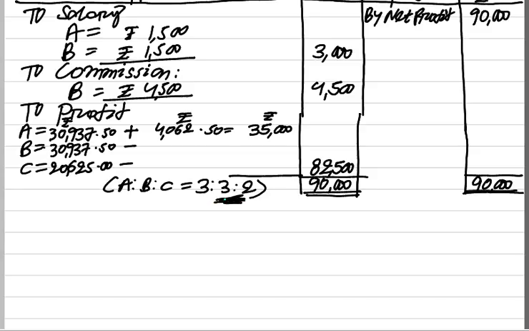So 2,437.50 from B and 1,625 from C, which gives 35,000 for A, 28,500 for B, and for C this is 19,000.